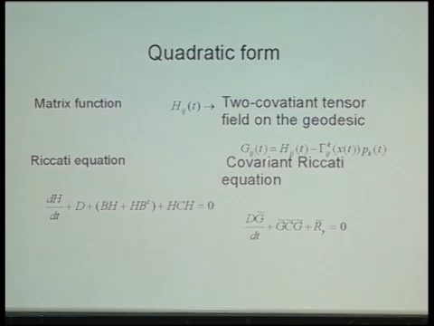If we make this transformation, we obtain the matrix, but it is not a matrix. It will be a tensor. In this case, it will be a geometrical object. And instead of the Riccati equation for the H function, we obtain a covariant Riccati equation for the modified tensor J.